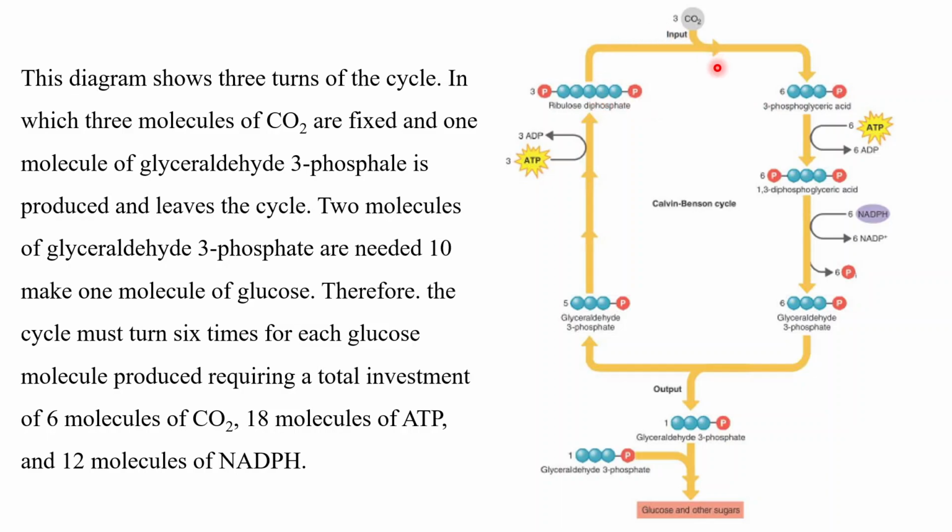That 6-carbon molecule then divides into two 3-carbon molecules called 3-phosphoglyceric acid. This 3-phosphoglyceric acid then converts into 1,3-diphosphoglyceric acid and then glyceraldehyde 3-phosphate. During this conversion, ATP and NADPH are utilized, and this glyceraldehyde 3-phosphate is the output of the Calvin cycle.